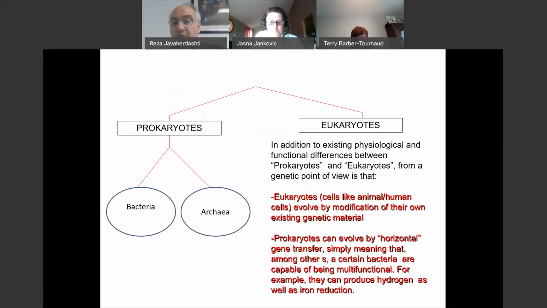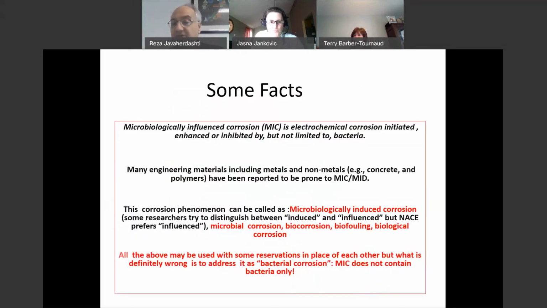So in order to address corrosion-related bacteria, we have to also address corrosion-related archaea, because they are just like left and right hands. They are similar, but they are not the same. Microbiologically influenced corrosion is an electrochemical corrosion that is initiated, enhanced, or even inhibited under certain circumstances by bacteria.